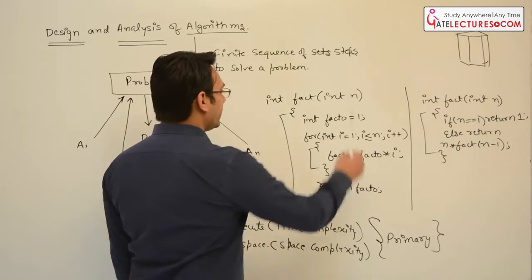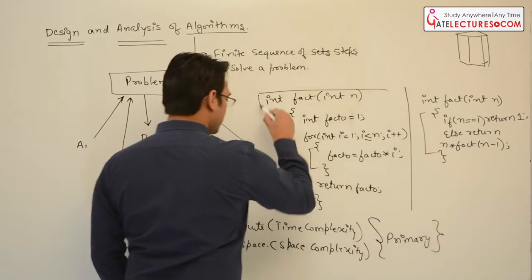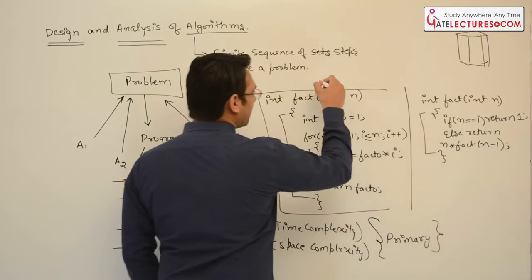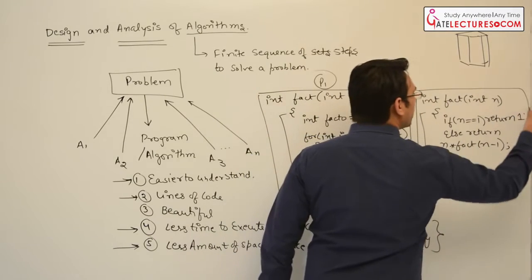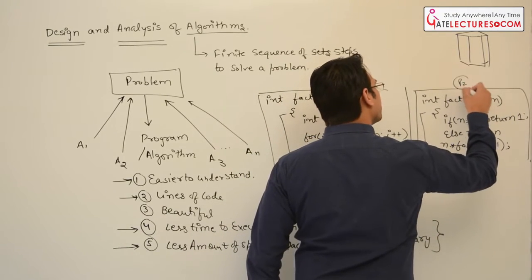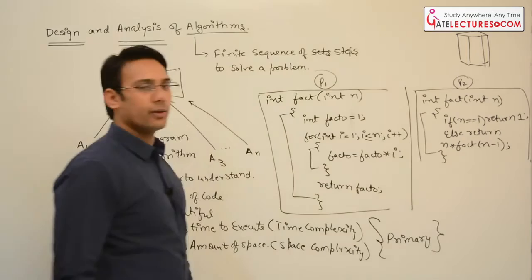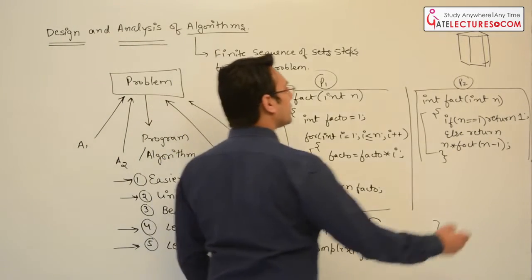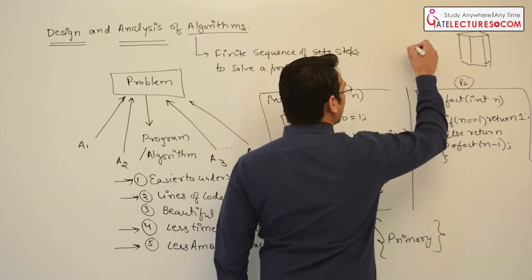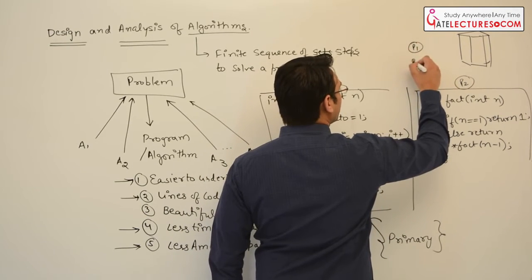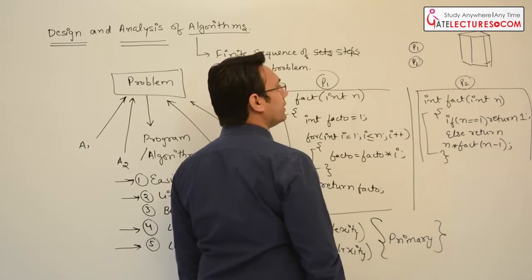And this complete thing is the program P1, and this complete thing is the program P2. Now I'm saying this is my system, and I am executing this program P1, and we are also executing the program P2.